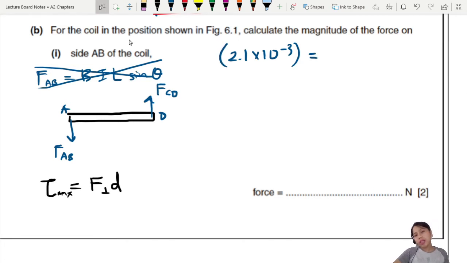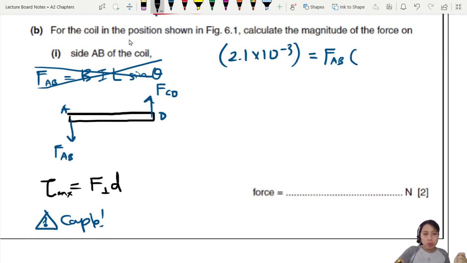Then what to use for force? Remember, very important. This is a torque of a couple. So which means I can just take any one side of the force, multiply by the distance between them. So the distance between them is the whole length of the rod, and that is going to be 2.8 cm. From one end to the other end.